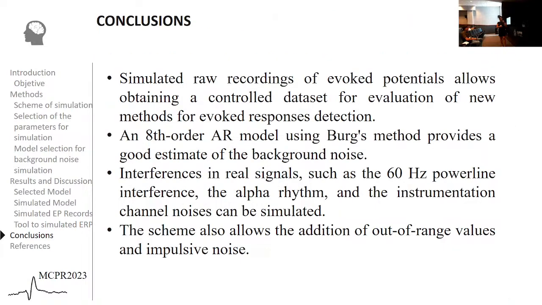Conclusion: simulating the recording of potentials allows obtaining a controlled data set for evaluation of new methods for evoked response detection, and an 8th order AR model using the Burg method provides a good estimate for the background noise. Interference in real signals, such as the 60 Hz power line interference, the alpha rhythm, and instrumentation channel noise can be simulated. The scheme has allowed the addition of out of range values as impulsive noise.